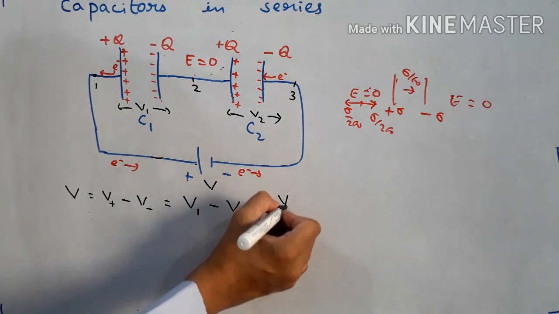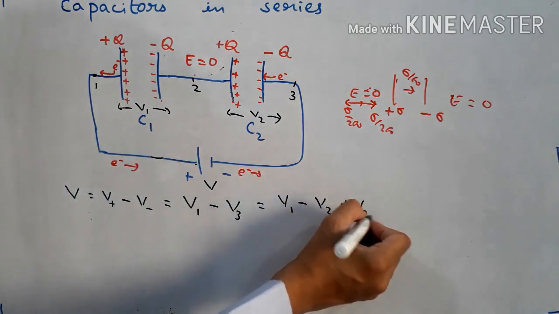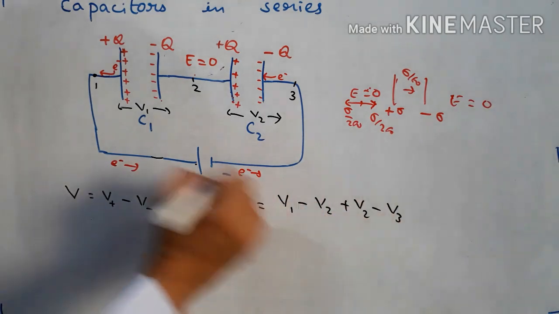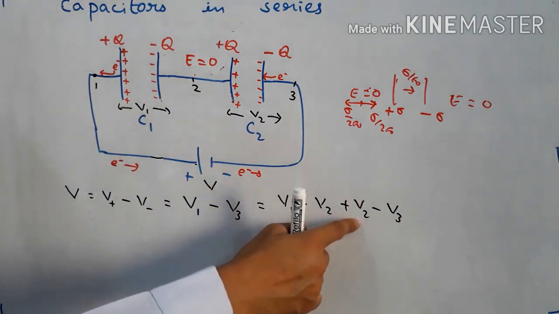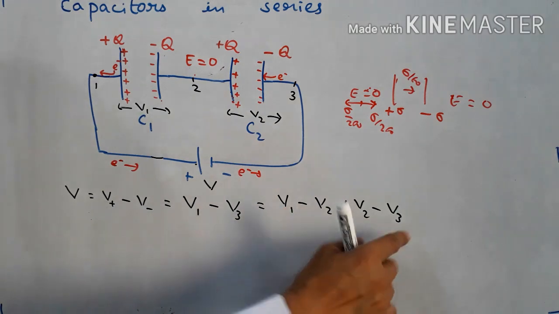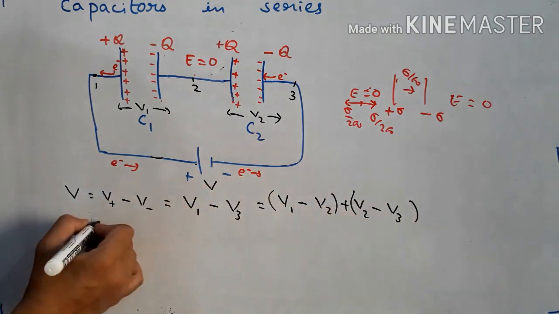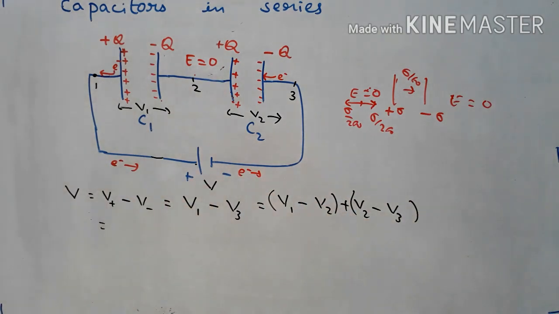This can be written as V1 minus V2 plus V2 minus V3. You can see minus V2 plus V2 will cancel, and we will be left with V1 minus V3. Now we will separate these two. Now what is V1 minus V2?